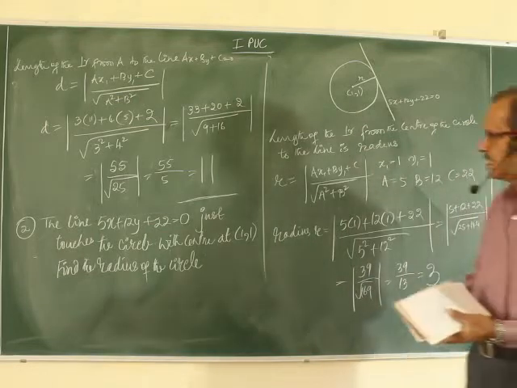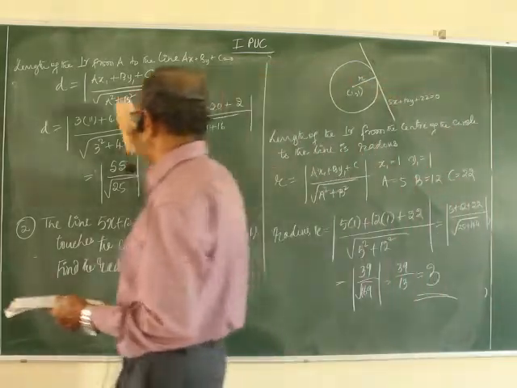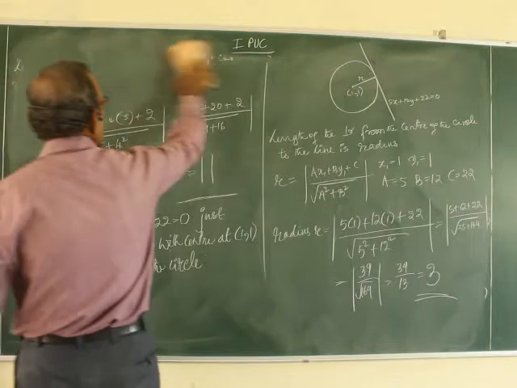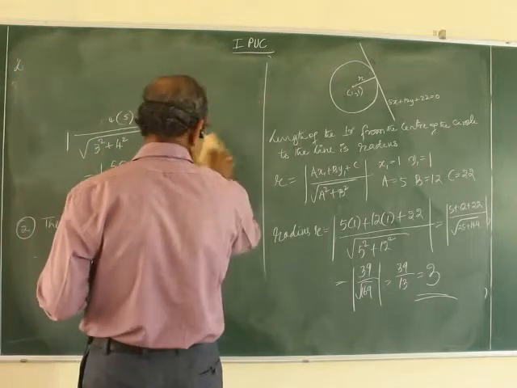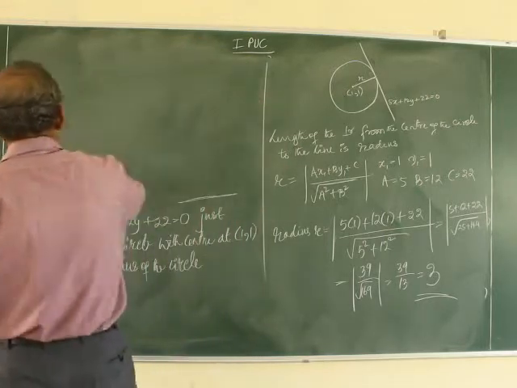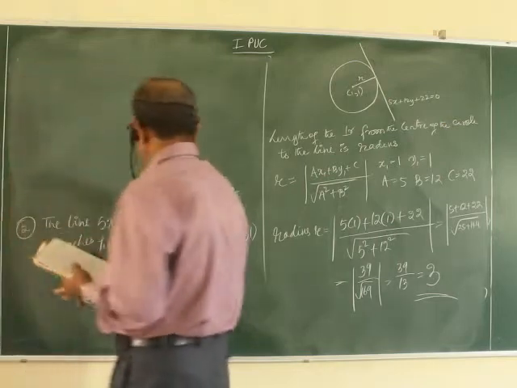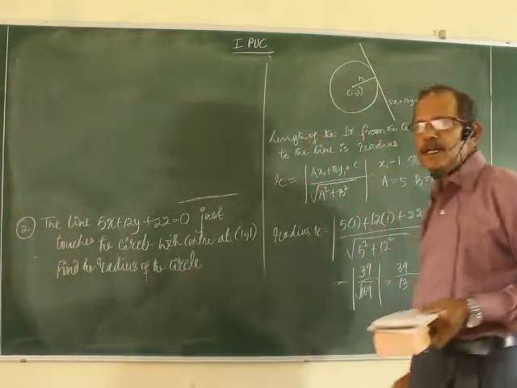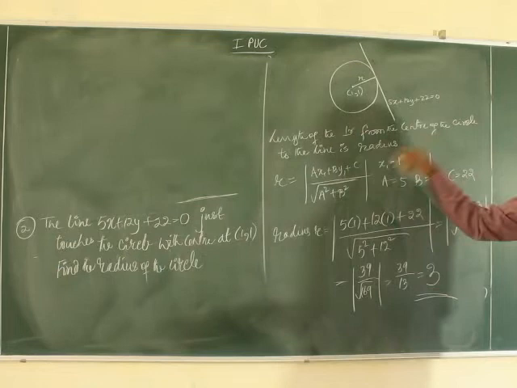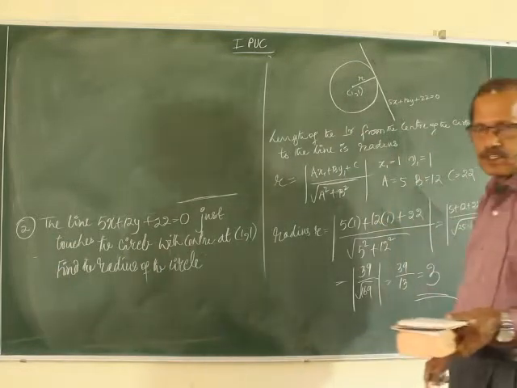Radius of the circle is actually the length of the perpendicular, so it is 3 units. Radius and length of the perpendicular are one and the same. That is given indirectly. Find the radius.